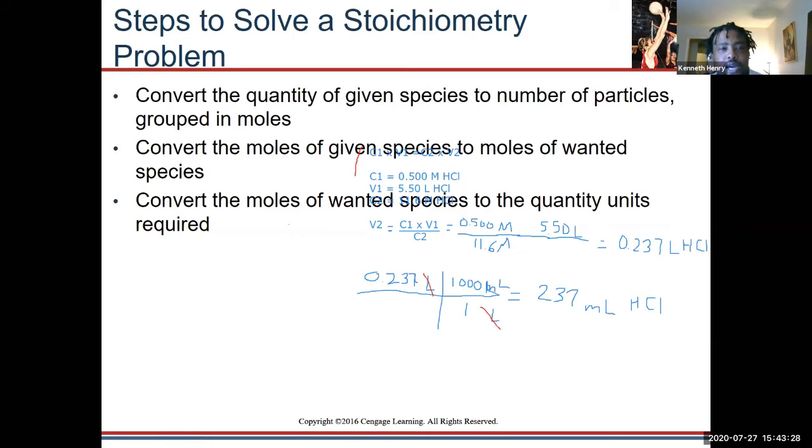If your reactions are happening in that liquid, in that medium, you can still do those conversions that you would normally do. You can convert your quantity of a given species to number of particles, and then change that into number of moles. Then you can use stoichiometric measurements to figure out your moles of given to moles that you want of something else.